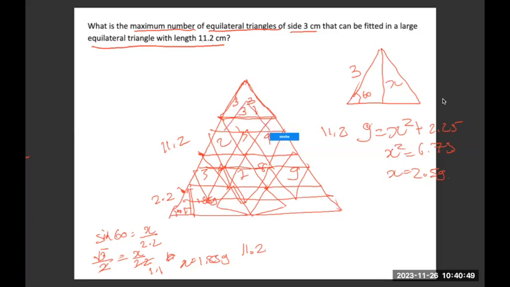Okay, let me just try one more thing besides this diagram that I tried for 11. One more diagram, let me just try that.